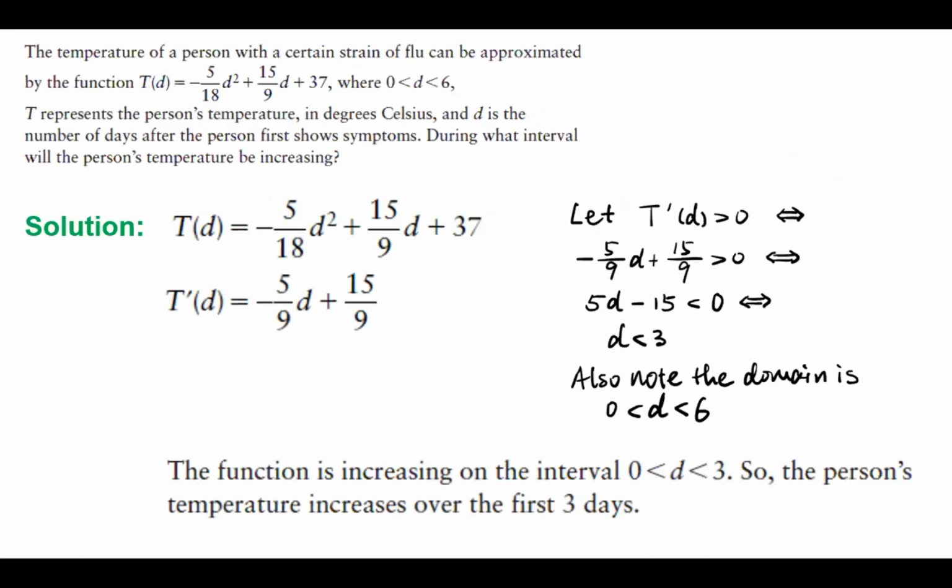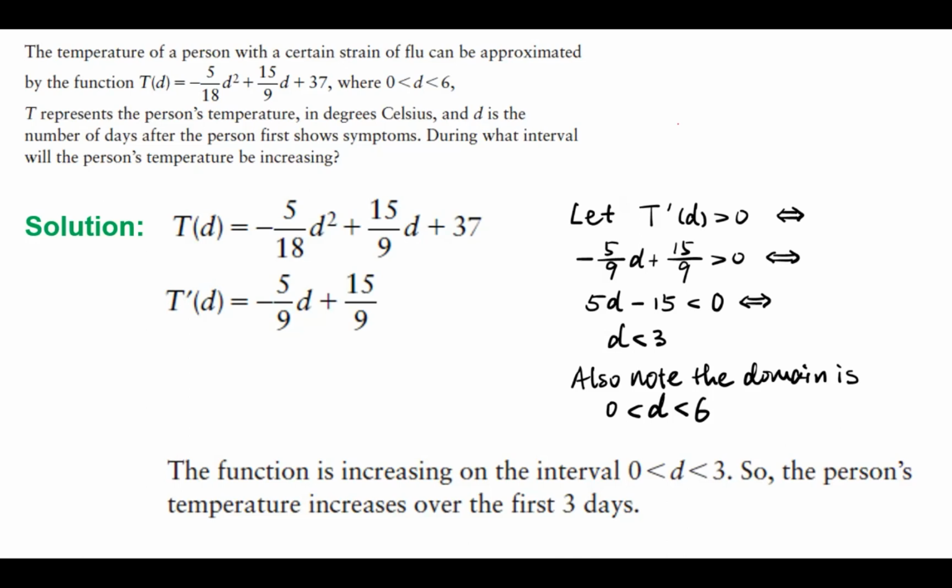Okay, so we can find its first derivative. If the expression of T(d) looks like this, we know the derivative of T with respect to d must be -5/9 d + 15/9, right? And tell your reader if you want to find the strict increasing interval.